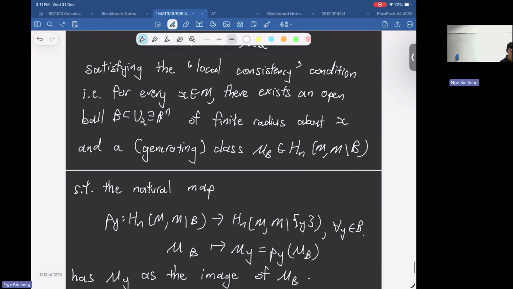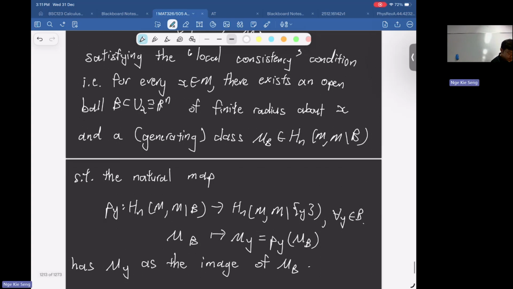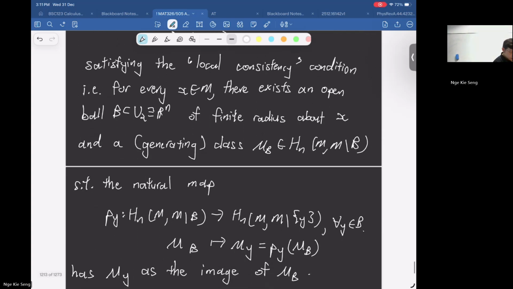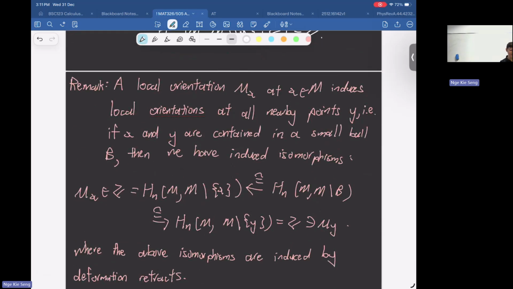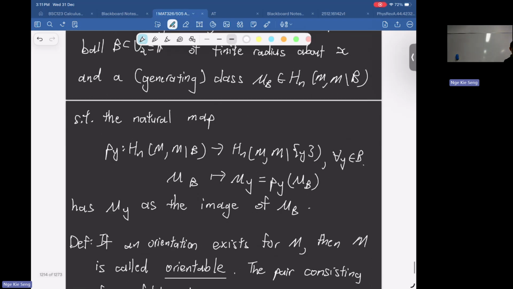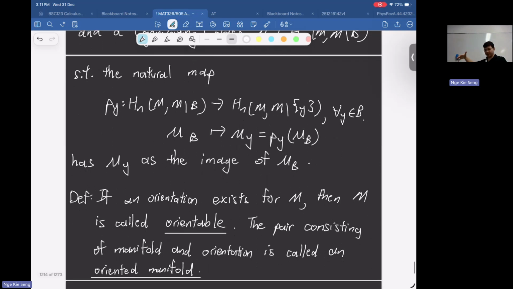So what's this M, M minus B here? This B should contain the point x as well. And this class should restrict to the other local orientations inside that ball.